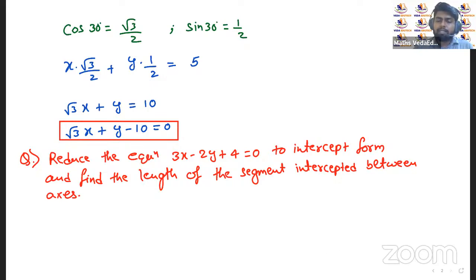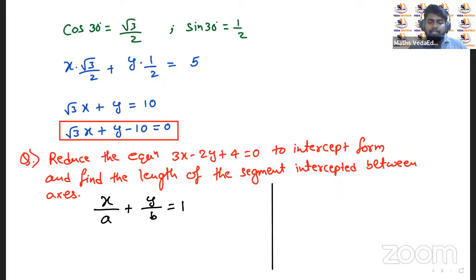First we need to understand how to write the equation in the intercept form. The general equation of the intercept form is x upon a plus y upon b equal to 1. What are a and b?